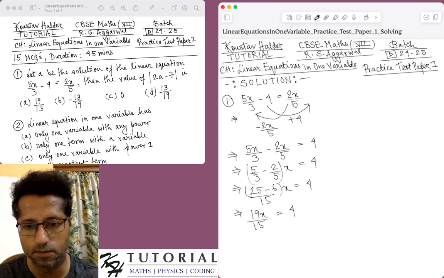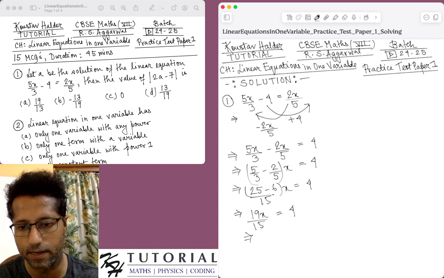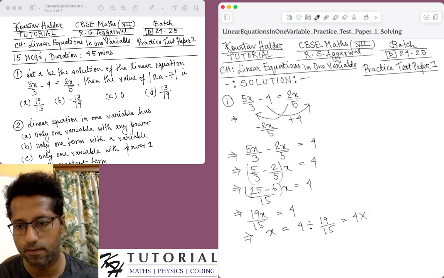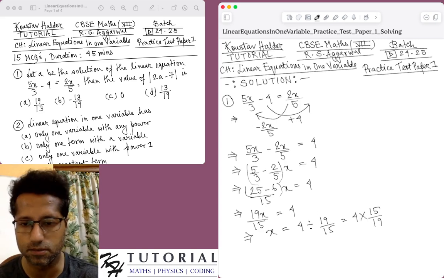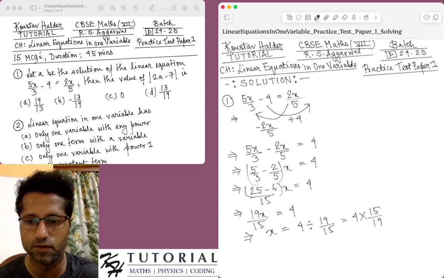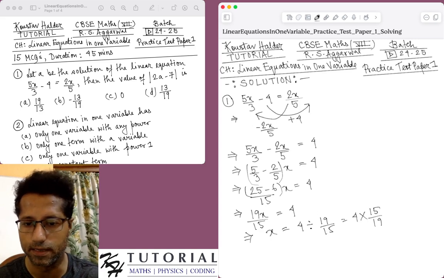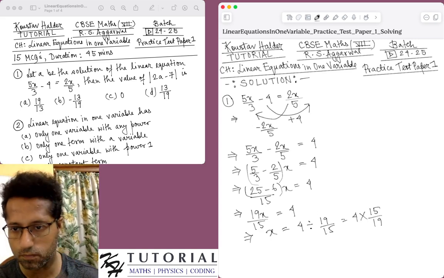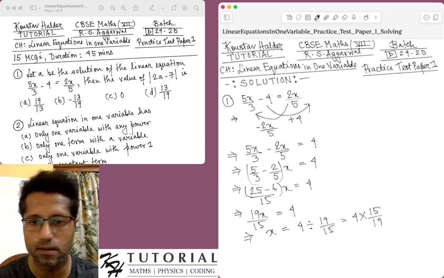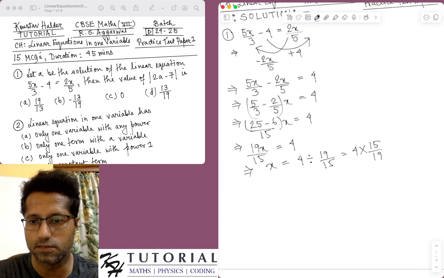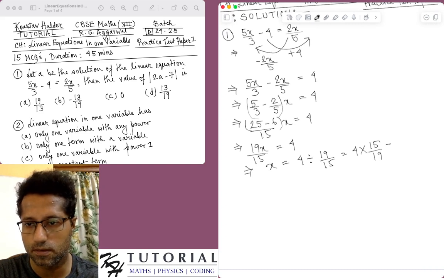From here we get that x equals 4 divided by 19 by 15. This is 4 multiplied by 15 by 19. When we divide by 19 by 15, it's equivalent to multiplication by the inverse of 19 by 15, that is 15 by 19. So x is 4 into 15 by 19.